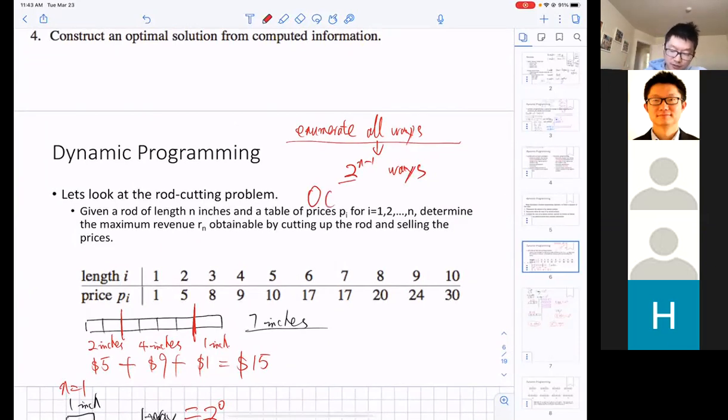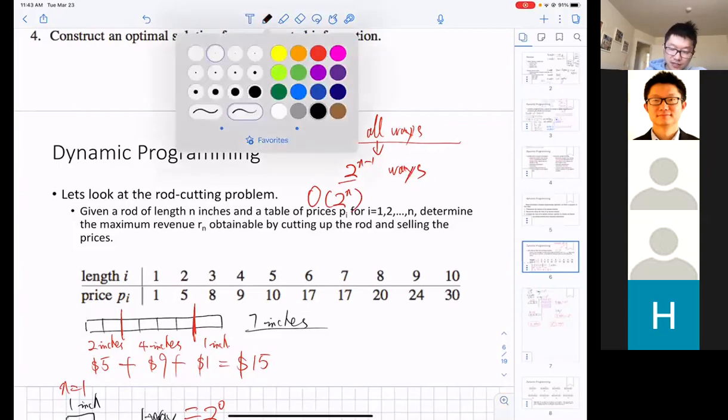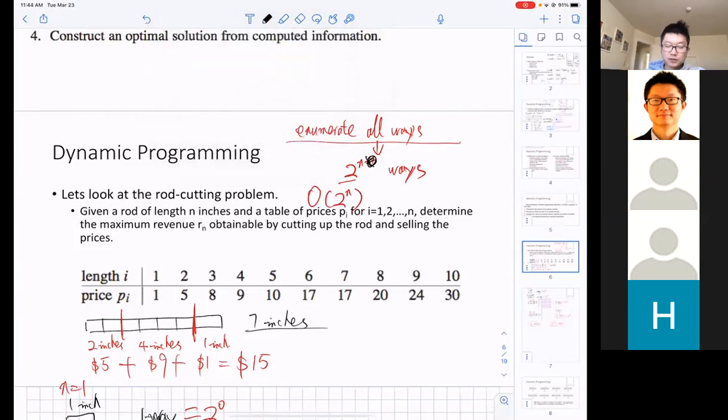So in total, the complexity is going to be 2 to the power of n, because when we're talking about complexity, we want to take off this constant over here. So the time complexity would be 2 to the power of n if we want to enumerate all the possible solutions. Correct?